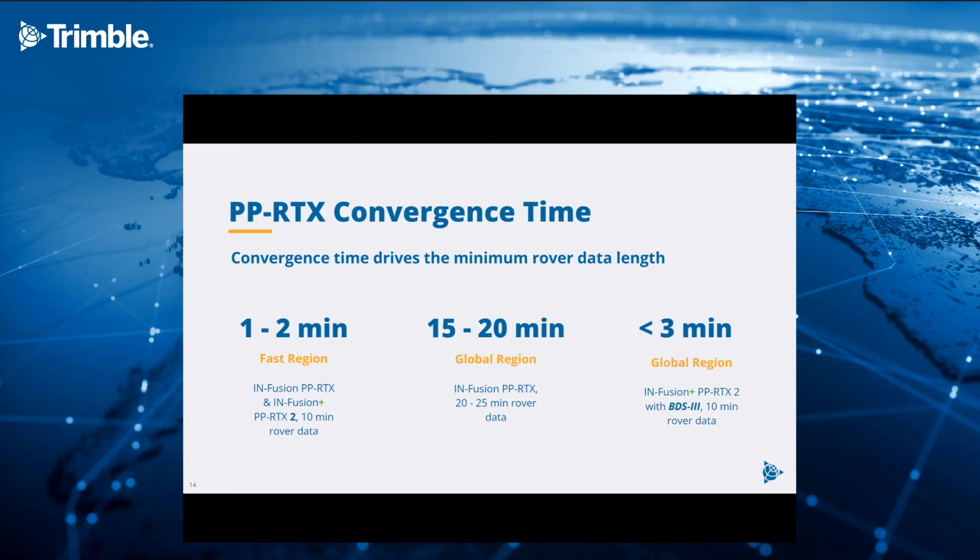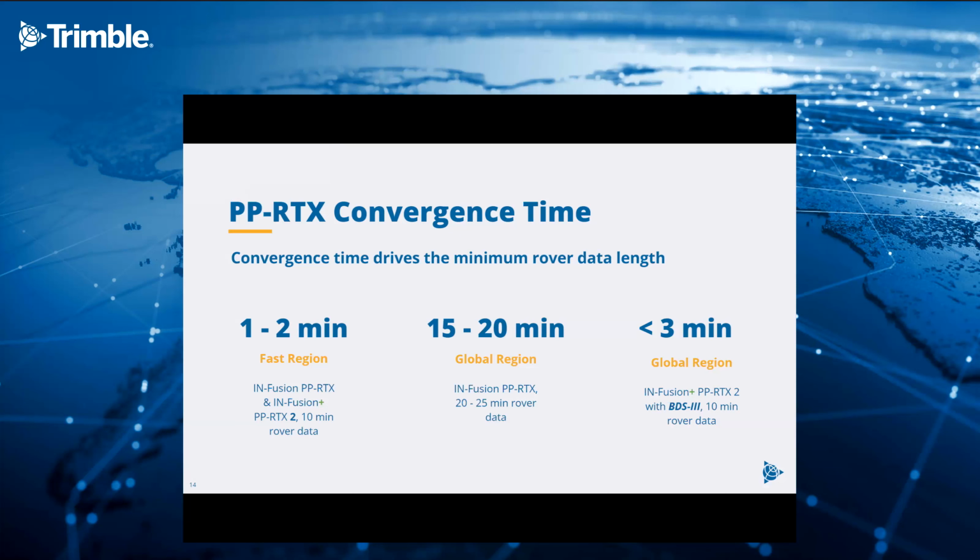And that means your minimum rover data length is about 10 minutes. If you are in a global region and you process Ion Fusion PP-RTX, so not the PP-RTX2, then the convergence time is about 15 to 20 minutes. And that means your rover data length needs to be 20 to 25 minutes.